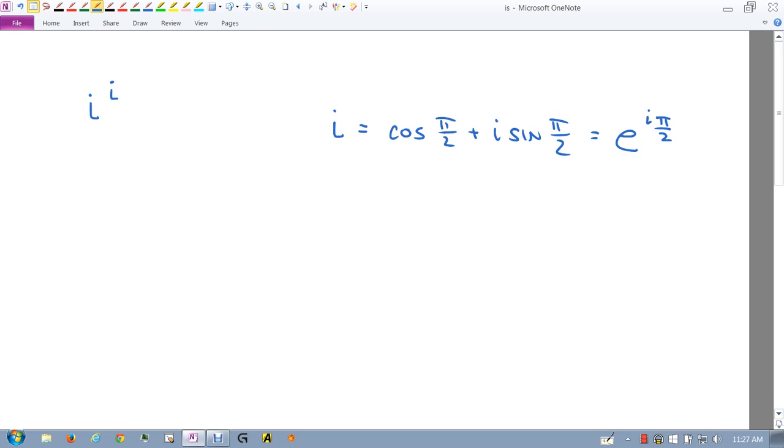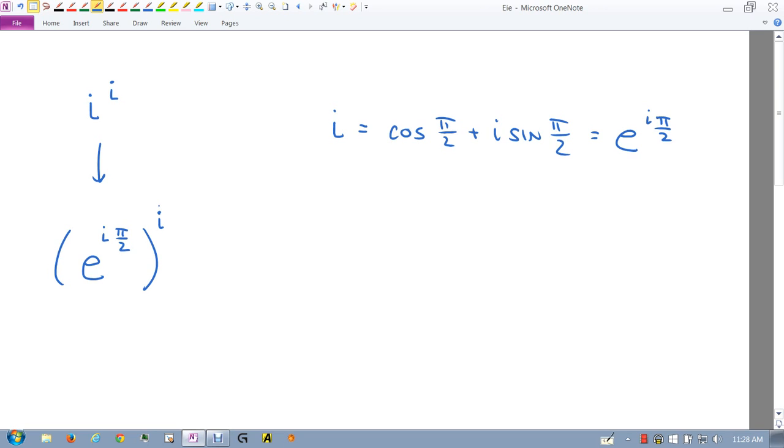So what I'm going to do is take this and rewrite the base i as e to the i times pi over 2. Then I'm going to raise that to the i, but I'm going to leave that i alone. I'm not going to touch it. What happens when you take something to a power to a power? What do you do to the powers?